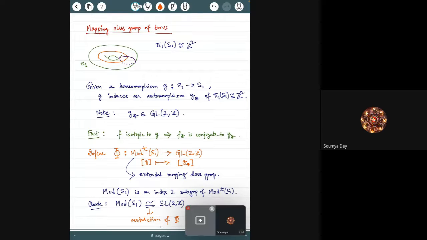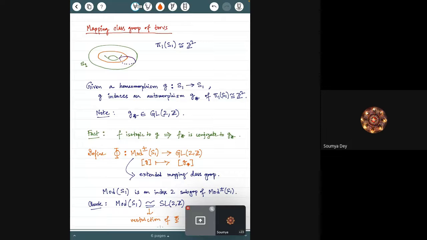In this case, as you know, the fundamental group of the torus is Z cross Z, Z squared, right? So this will induce an automorphism as it's a homeomorphism. It will induce an automorphism G star of pi1 S1, that is Z squared.